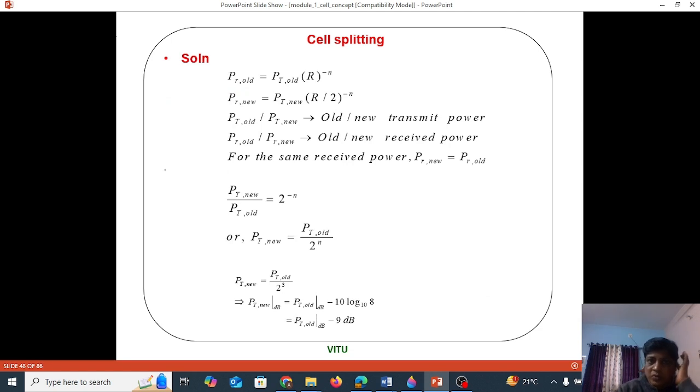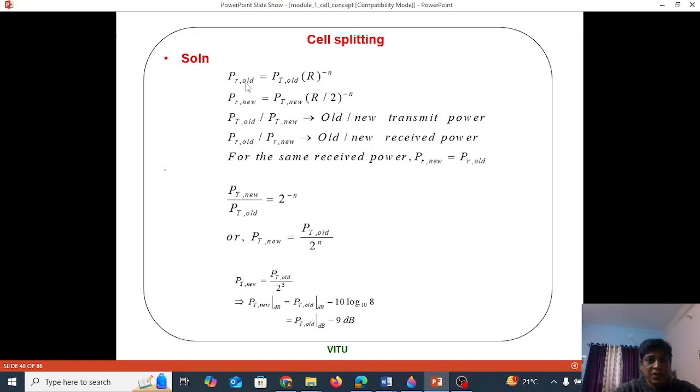How can we do this? The relation I already discussed: the receive power is proportional to distance to the power minus n, where n is the path loss exponent. The same relation is used here. PR old, the old receive power, is PT old times R to the power minus n, and the new receive power is PT new, the new transmit power, times (R by 2) to the power minus n, because we have considered the users to be at the cell edge and base stations placed at the center of the cells.